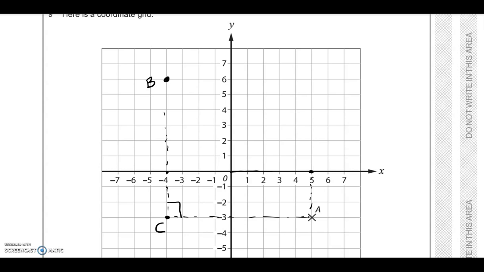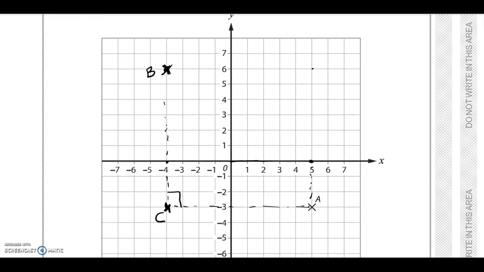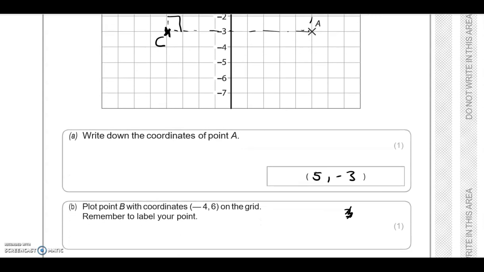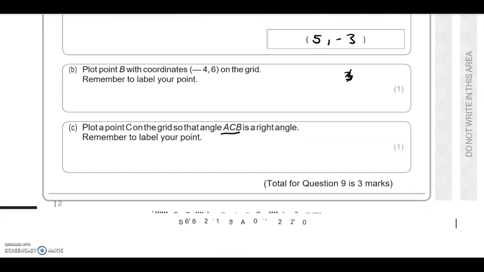But I could have point C over here as well. I'm going to keep it where I have it. So I've plotted the points. I don't need to draw the triangle because I haven't been asked to.